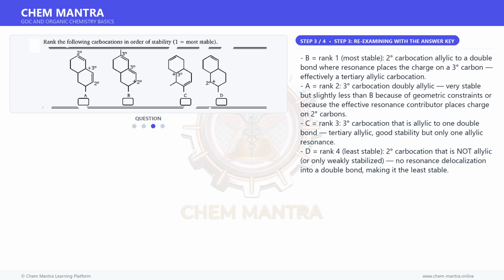C is rank 3: a 3 degrees carbocation that is allylic to 1 double bond, tertiary allylic, good stability but only 1 allylic resonance. D is rank 4, least stable: a 2 degrees carbocation that is not allylic, or only weakly stabilized, with no resonance delocalization into a double bond, making it the least stable.